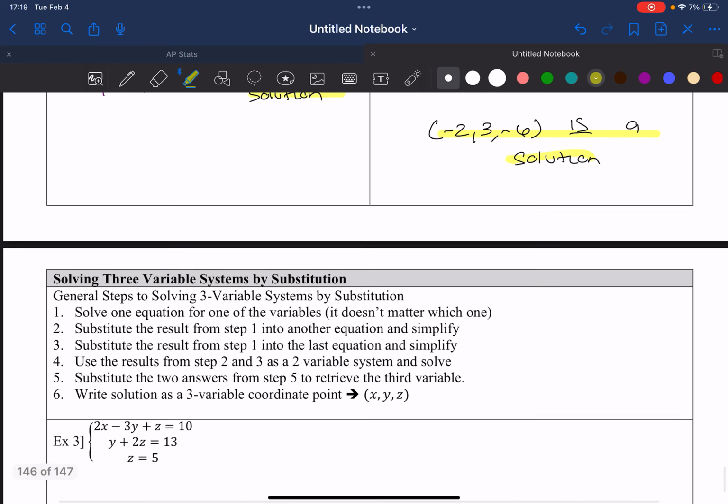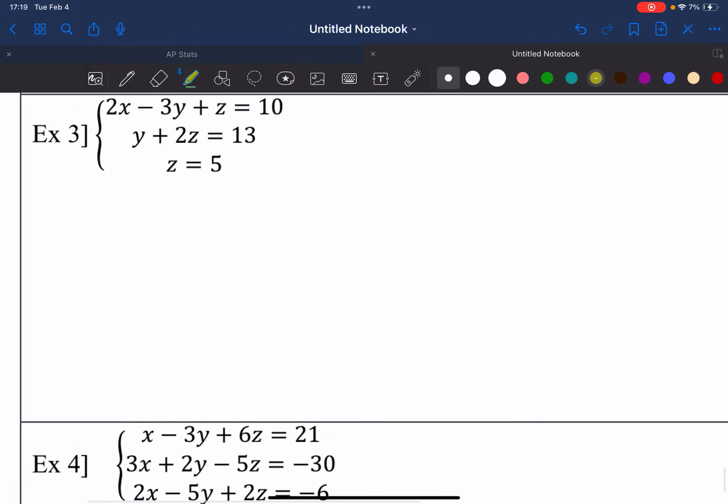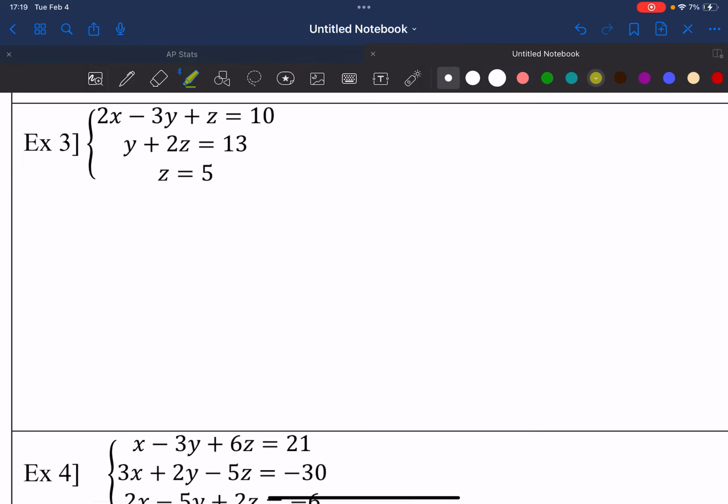Now, in this next part, we're going to have to solve for x, y, and z. Okay? So our first step is to look and see if any of our equations already has a variable by itself, which this third one does. z is equal to 5. So I'm going to label these as 1, 2, 3.